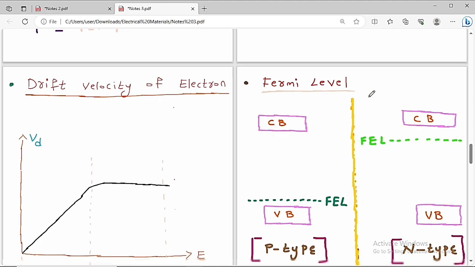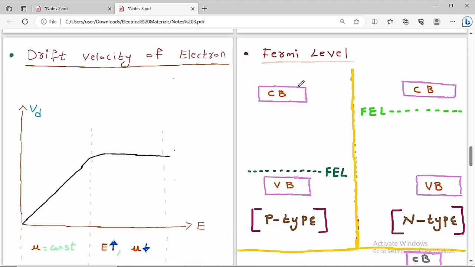So basically we have two bands. One is the valence band and the other is the conduction band. In the case of the valence band, we have holes. Holes are present only in the valence band, along with the valence band electrons. Whereas the free electrons are present only in the conduction band. There is nothing like holes here.